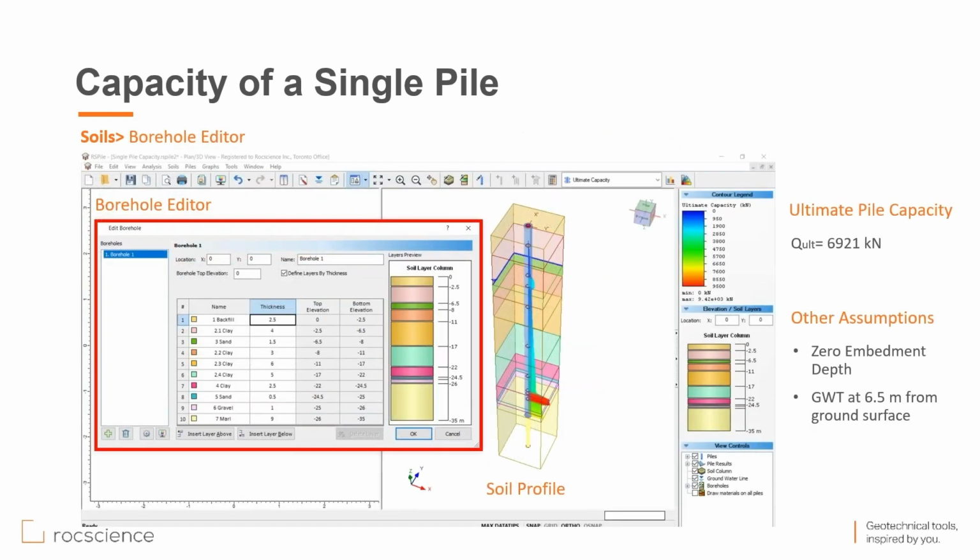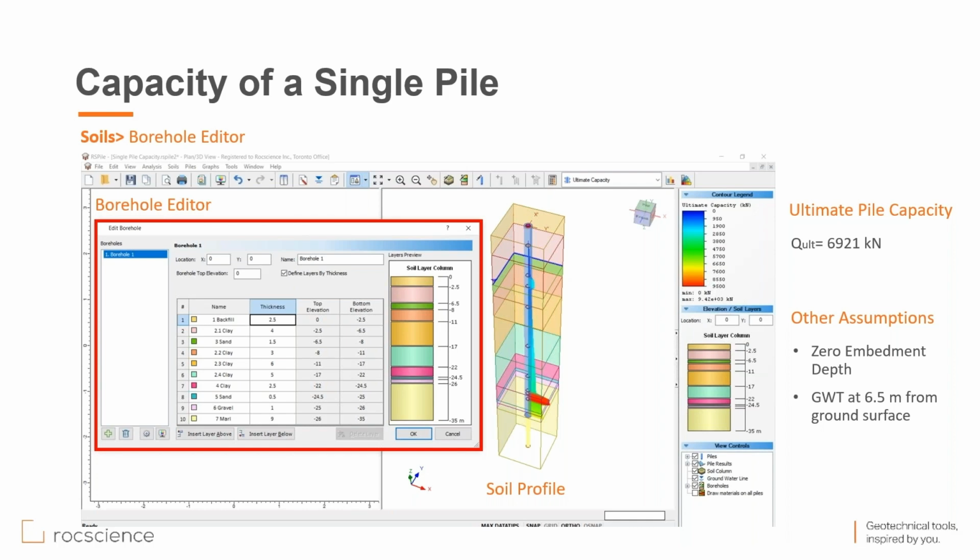The second option is to hop on to the borehole editor of RSPile, similar to what you have in the finite element software and Settle3 in particular, to enter and define the thicknesses of each layer to come up with a very idealized soil profile and estimate the ultimate pile capacity of a single pile having a length of 29 meters.